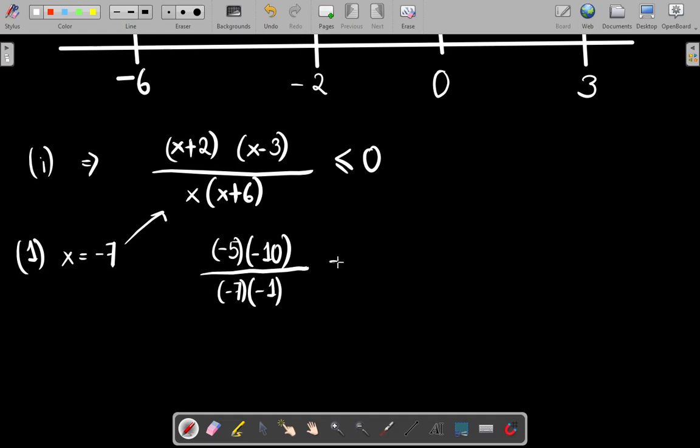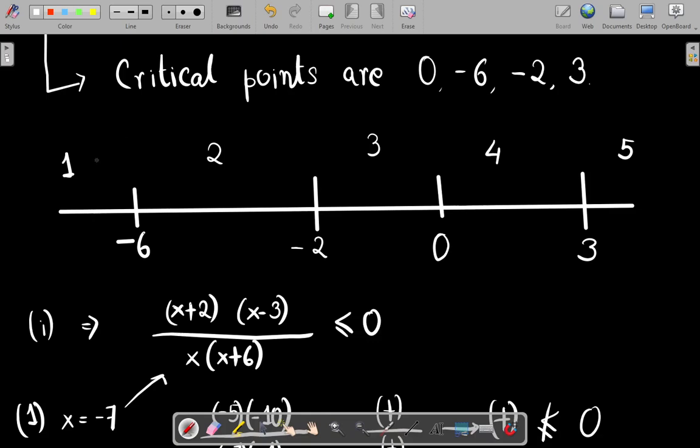So minus 5 times minus 10 is a positive number, and minus 7 times minus 1 is also a positive number. So this fraction is positive, and cannot be less than 0. So x equal to minus 7 gives a positive value, and this region does not satisfy inequality 1.